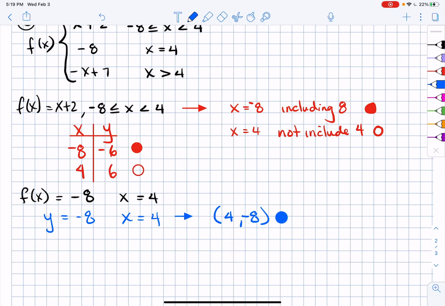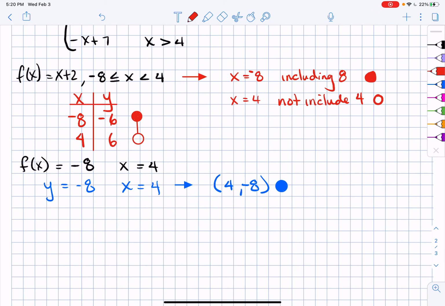And don't forget, guys, that there is going to be a line between the negative 8, negative 6 and the 4, 6. There's going to be a line between those two. And at 4, negative 8, there is definitely going to be a filled in circle, okay?